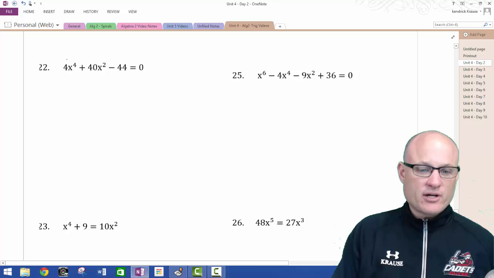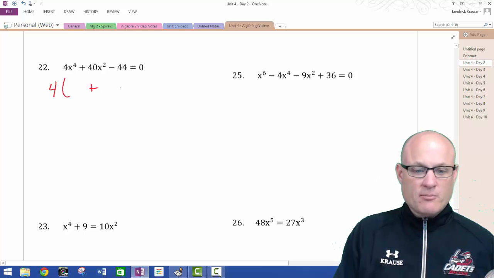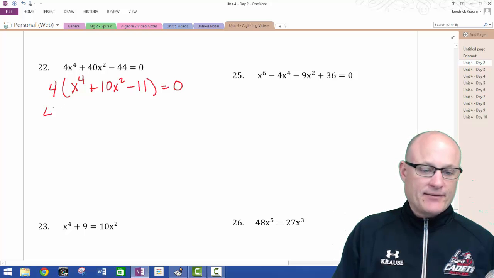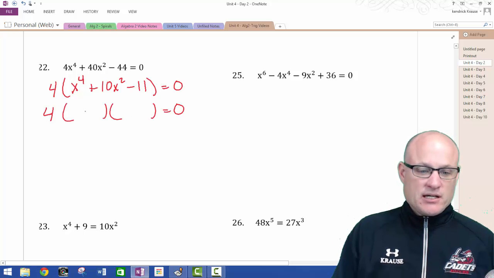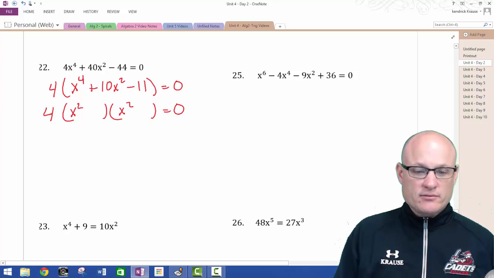All right, this one looks kind of creepy. Let's take out a 4. Again, we're going to put our plus and our minus in so we don't move anything or miss anything. We're left with x to the 4th plus 10x squared minus 11. Oh, my God, this factoring. x squared and x squared multiply to negative 11, add up to positive 10.